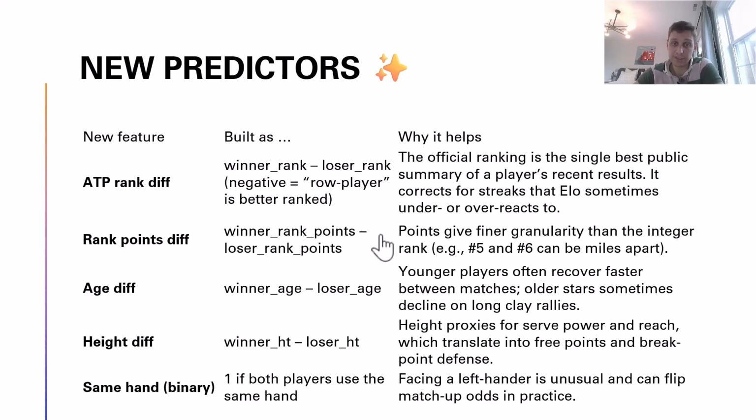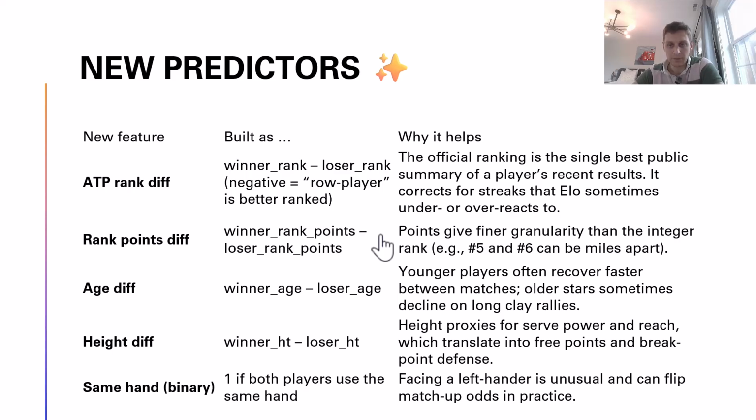The age difference, we can also see sometimes that younger players recover faster between matches. This would have been the case if we would have seen Djokovic against Alcaraz in the final, but well, Djokovic lost. So I guess we're going to see two young players, Sinner and Alcaraz. They just have 1 year of difference.